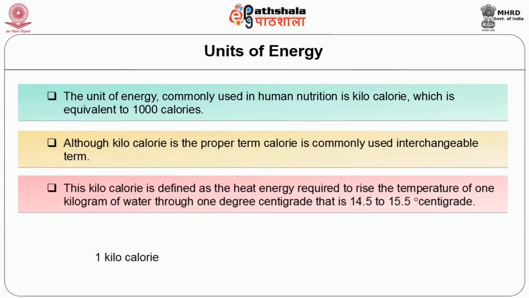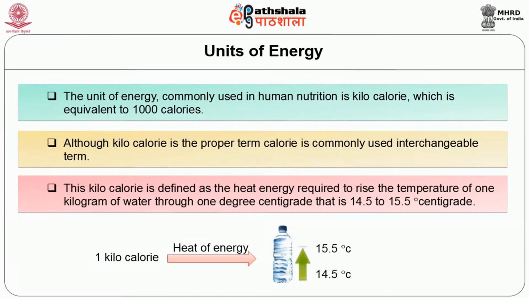Now, you can understand that the calorie and kilocalories are the standard units of heat measurement. This kilocalorie is defined as the heat energy required to raise the temperature of 1 kilogram of water through 1 degree centigrade, that is 14.5 to 15.5 degree centigrade.